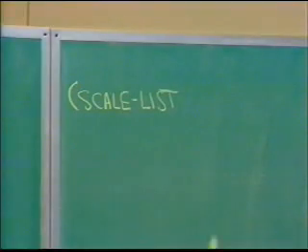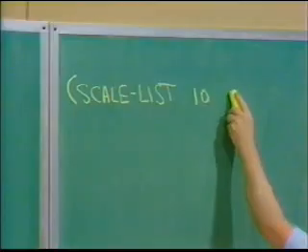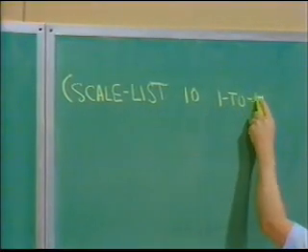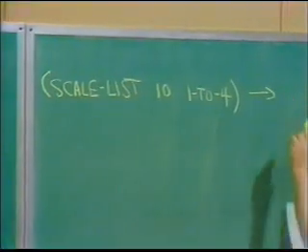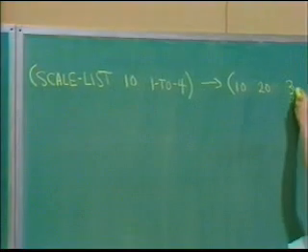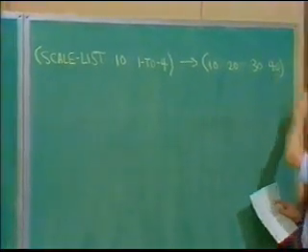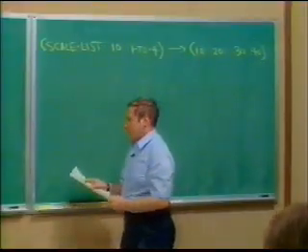And with scale list, I might say, I want to scale by 10 the entire list 1 to 4. And that would return for me the list 10, 20, 30, 40. Right, it returns the list.